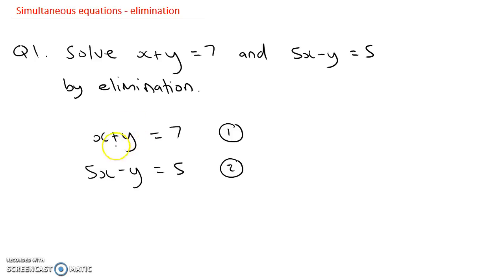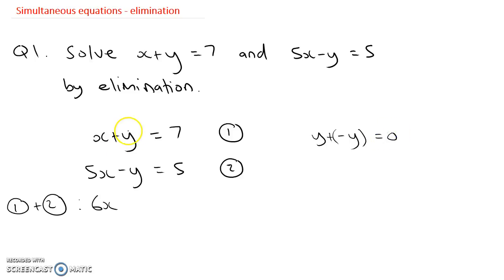Alrighty, now what we want to do here is eliminate one of the pronumerals. Because we're dealing with a 1y here and a minus 1y here, if we add these two equations together, equation 1 plus 2, we'll get x plus 5x gives us 6x, y plus minus y equals 0.